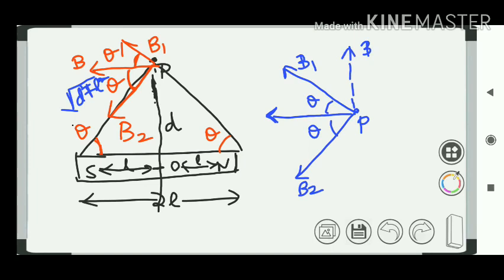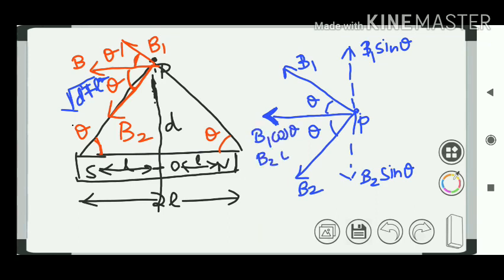This becomes B1 sine theta, similarly B2 sine theta, whereas along this direction both B1 cos theta as well as B2 cos theta have the same direction. The sine components cancel out each other and only the cos component remains. So the net magnetic field is the sum of the cos components of the magnetic field. I hope this much is clear.